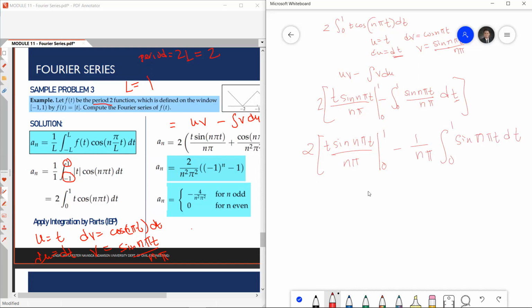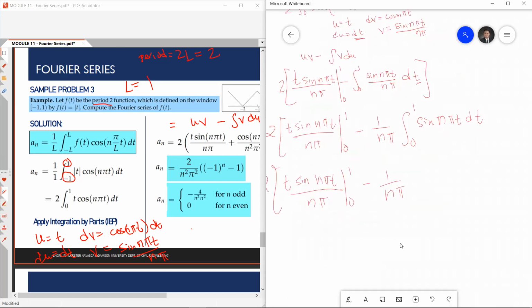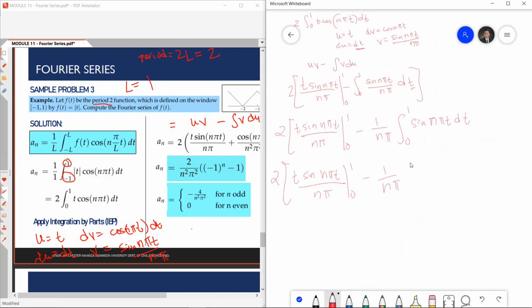What is the integral of sine n pi t? The integral of sine x is negative cosine x over x. When x has a coefficient, divide by that constant term. That is equivalent to 2 t sine of n pi t over n pi evaluated from 0 to 1 minus 1 over n pi, times negative cosine n pi t over n pi.